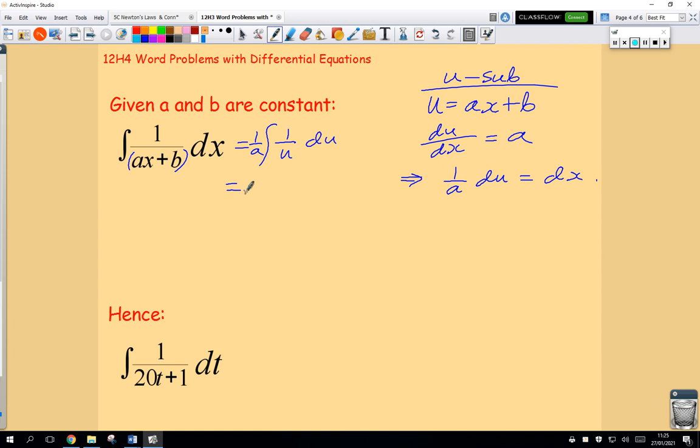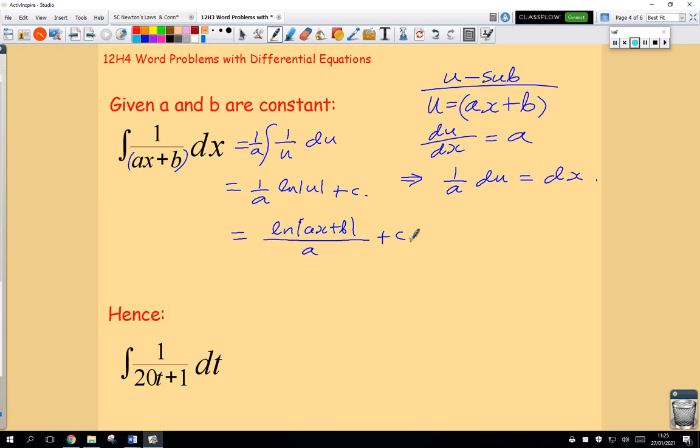If I take the antiderivative, I get 1 over a times the natural log of the absolute value of u, plus c. Unsubstituting u, we get the natural log of the absolute value of ax plus b, all over little a, plus c.